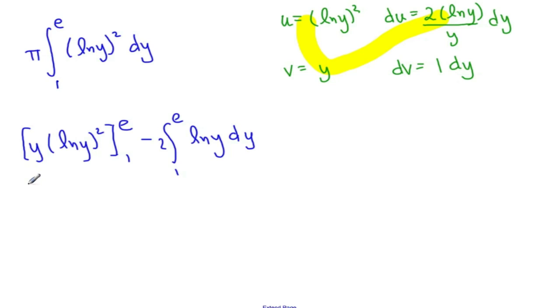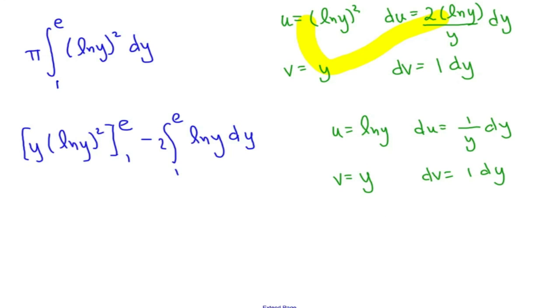Alright, I'm going to leave this part alone. What I'm going to do now is integration by parts again. So I'll let u equals ln y, and du is equal to 1 over y dy. dv will let equal to 1 dy, which means v equals y.